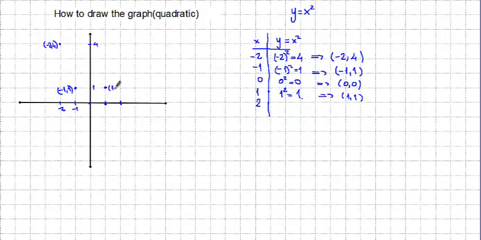And the last point is going to be here, because the parabolic function is symmetric with respect to its vertex, which means if I find this point on one side, the other side must have the matching point. That's 2, and the value is 2 squared, which is equal to 4. As you see, the coordinate is 2 and 4.